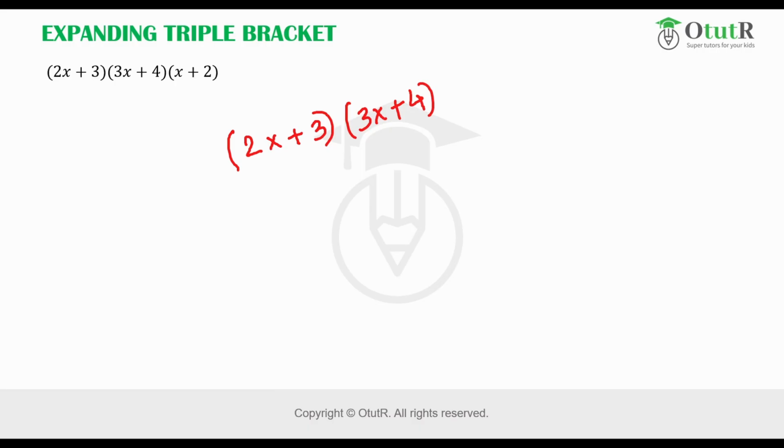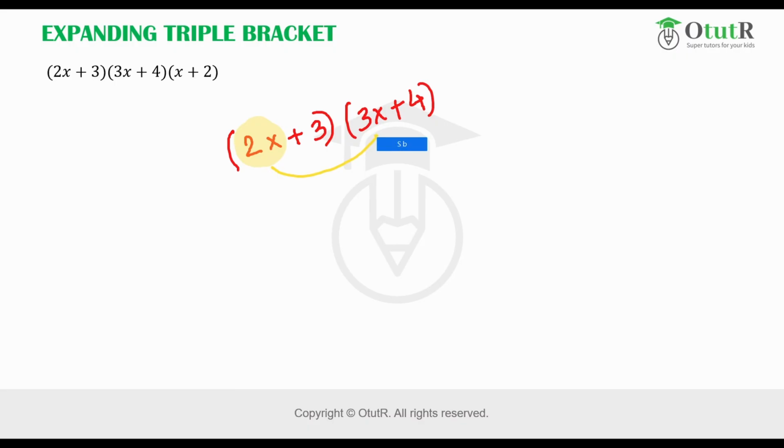What that means is, let us first consider 2x. For 2x, we have to multiply 2x with first 3x and then 4.